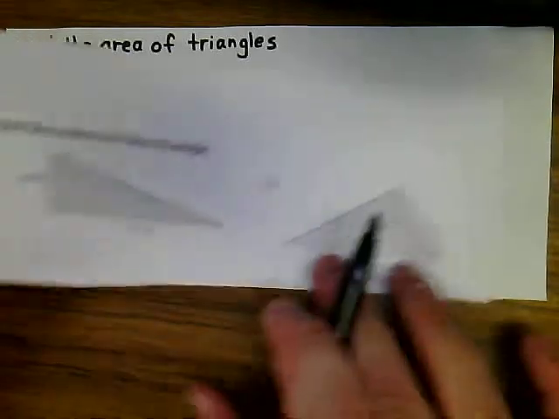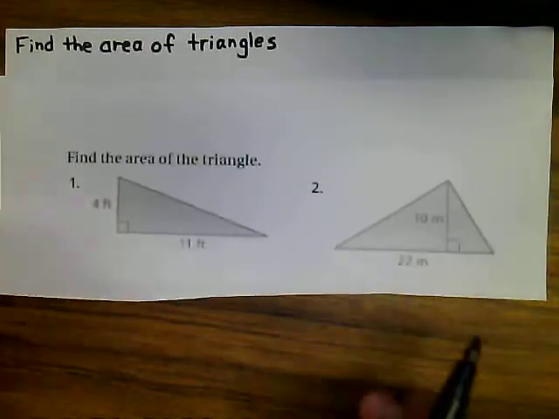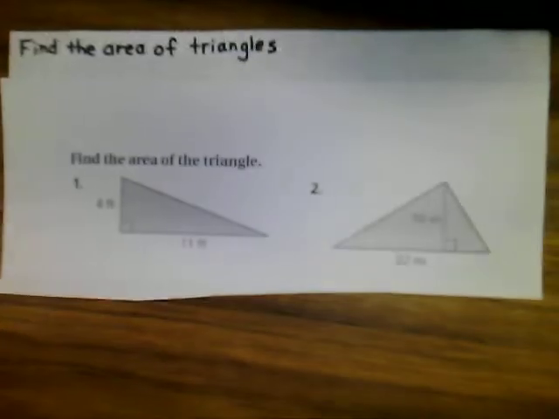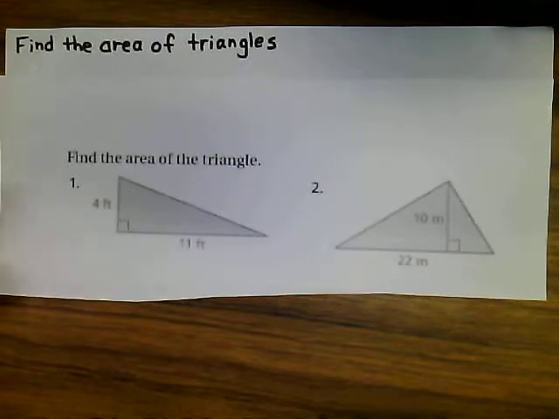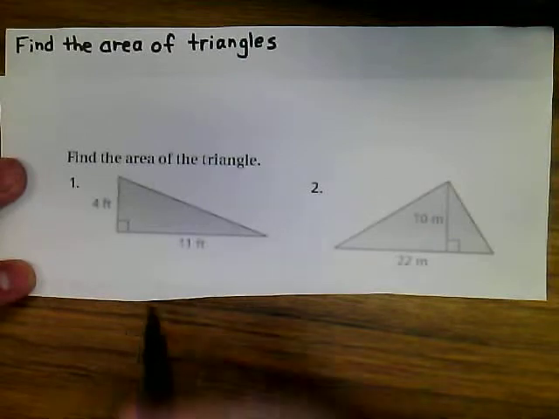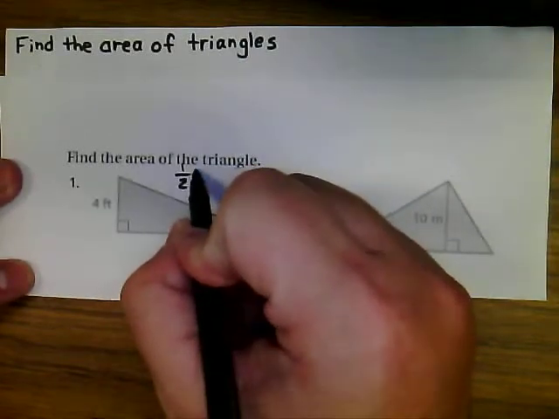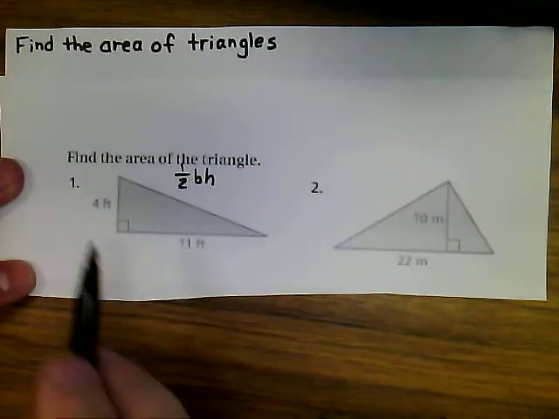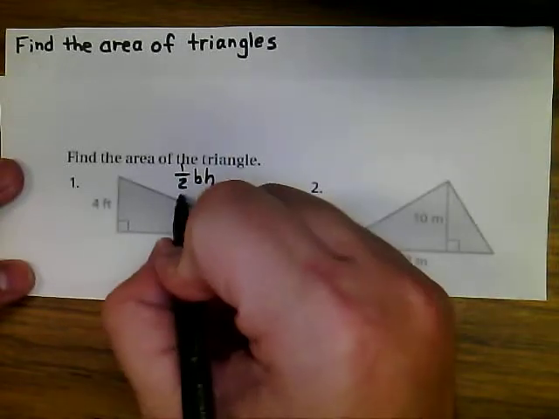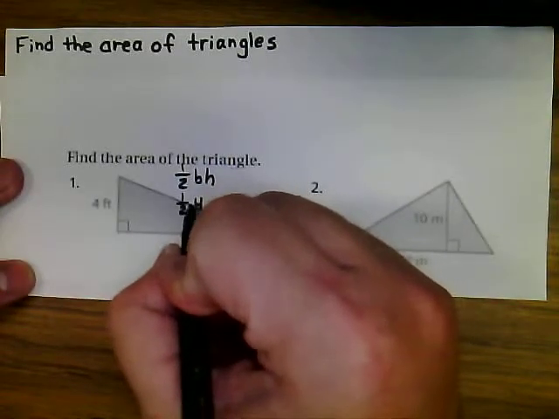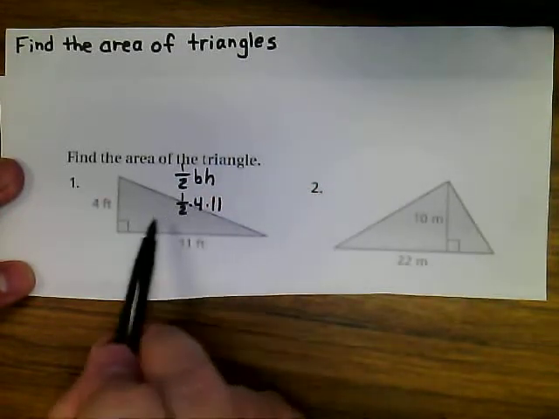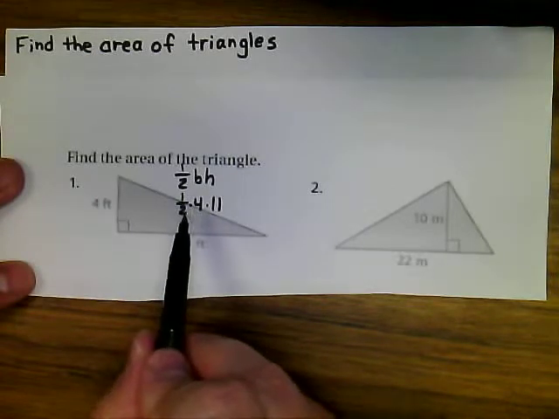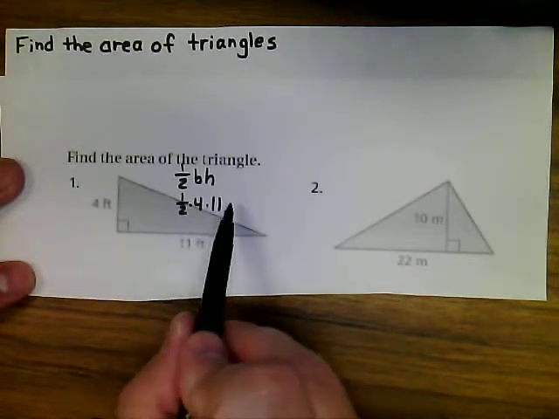A reminder, as you're doing the area of triangles, it's always a good idea to write in the correct formula to make sure that you're following the protocol. So in this case, 1/2 times base times height. I know that that's 1/2 times 4 times 11, but when I solve it, I'm going to go left to right. 1/2 of 4 is 2, and then 2 times 11 is 22.